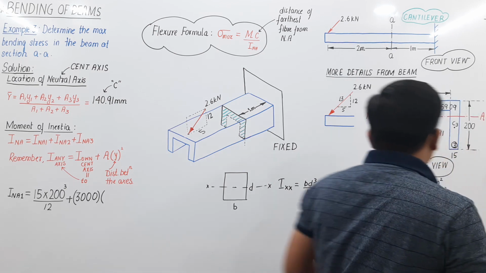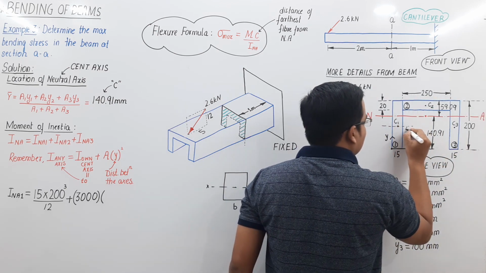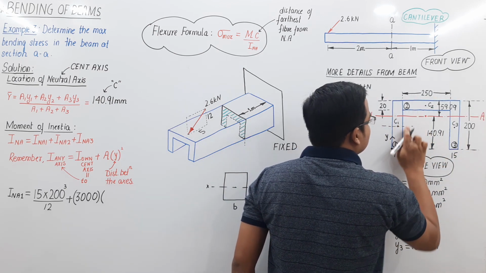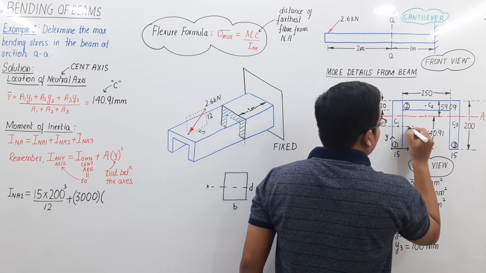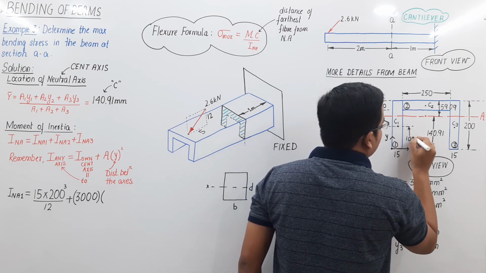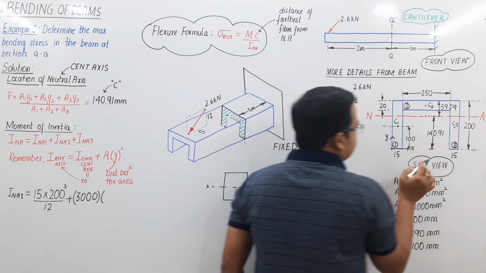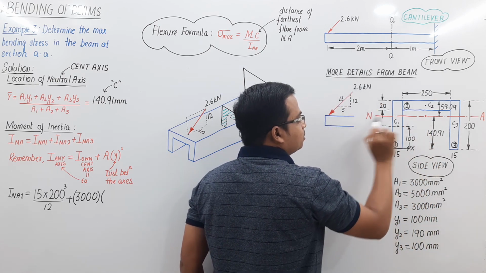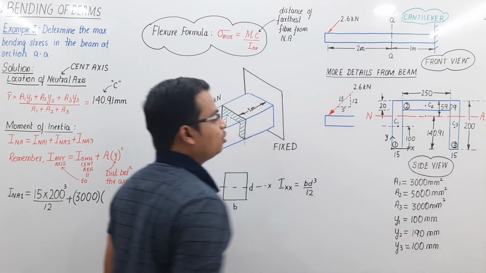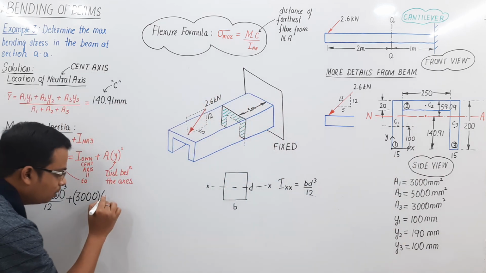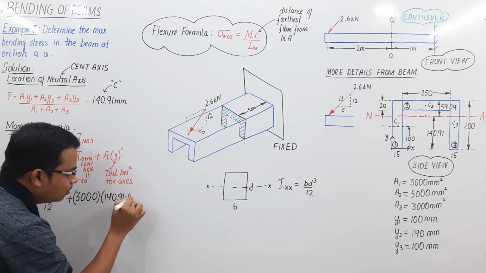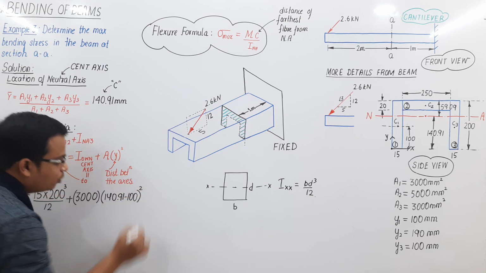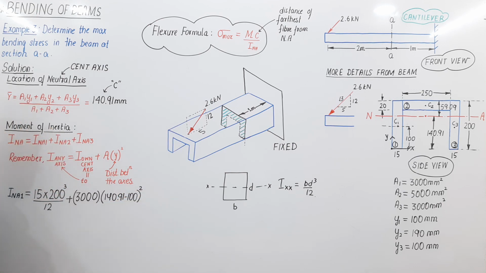Let me write this. So the distance between these two axes is 140.91 minus 100, and we square it. You are going to get a certain value.